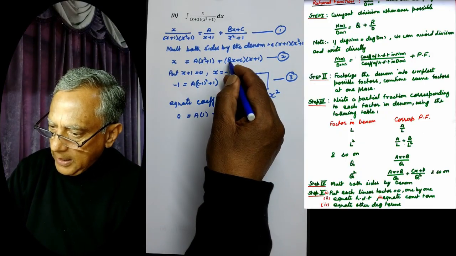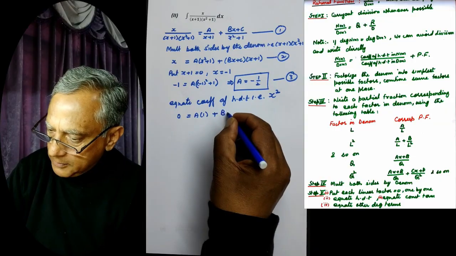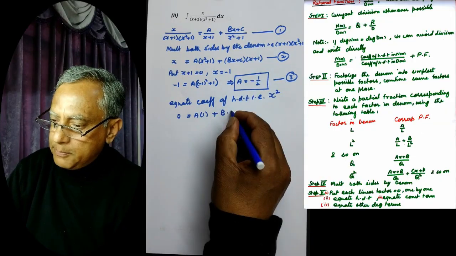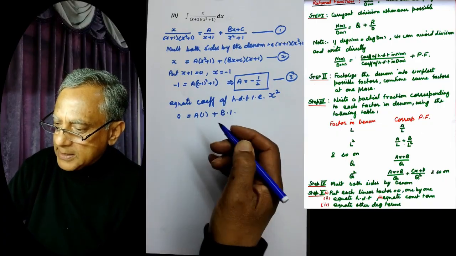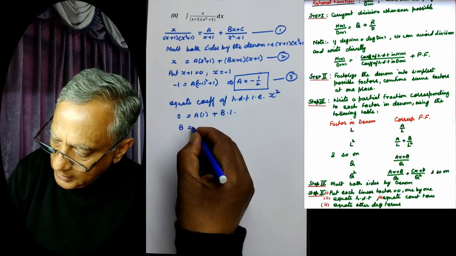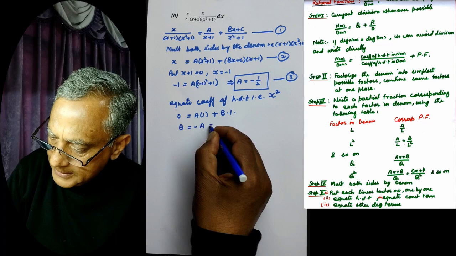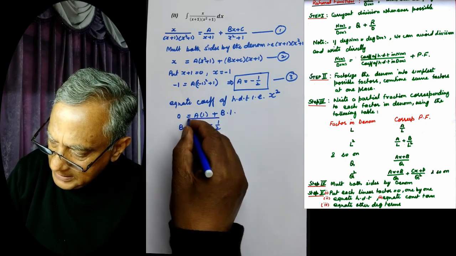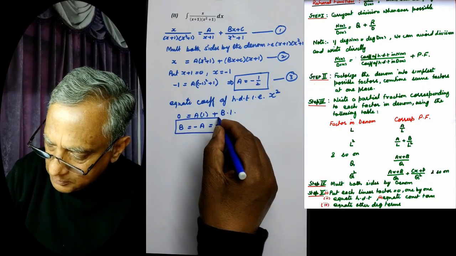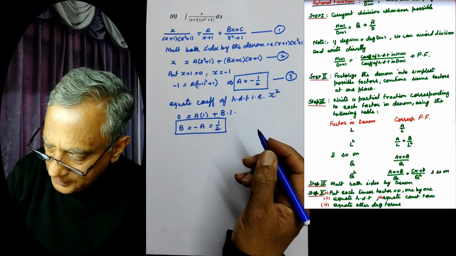The coefficient of the highest degree term in this bracket is b, and here it is 1. So we get b plus a equal to 0. Therefore b is equal to minus a, is equal to minus minus plus half. So this is plus half.